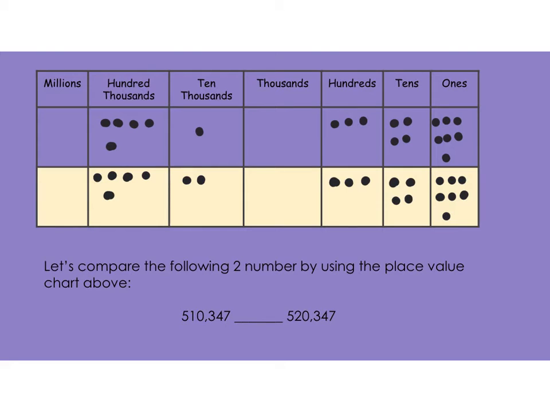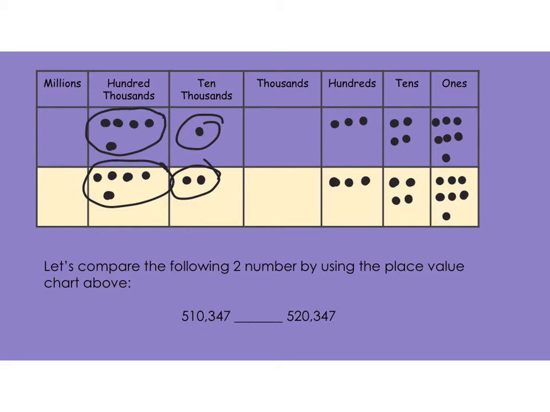I have no millions, so I'm going to start with 100,000s. Looking at my 100,000s, I have 5 in this section and 5 in this section, so they're equal. Now I'm going to go over to my 10,000s. I have one 10,000 here, but I have two 10,000s here.